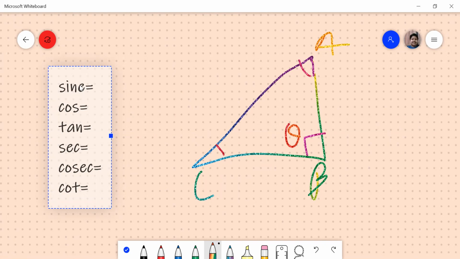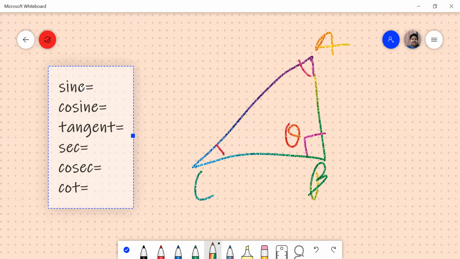Cos is cosine, tan is tangent, sec is secant, cosec would be cosecant, then cot would be cotangent.